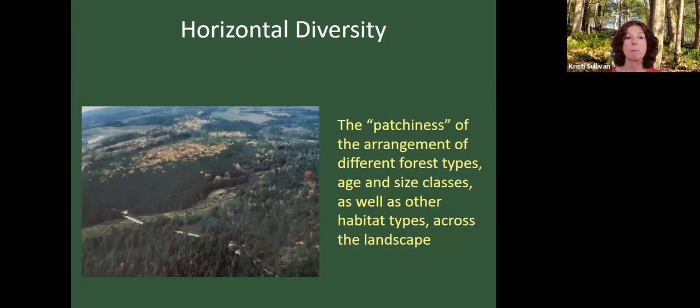So for example, in this picture, you can see you have some deciduous forest, some coniferous forest, and a wetland down at the bottom with a stream running through. You have patches of other habitat types intermingled. So there's a lot of horizontal diversity here. And just within a forest, you can have a lot of horizontal diversity in terms of the type of forest and the age and size classes of the trees.